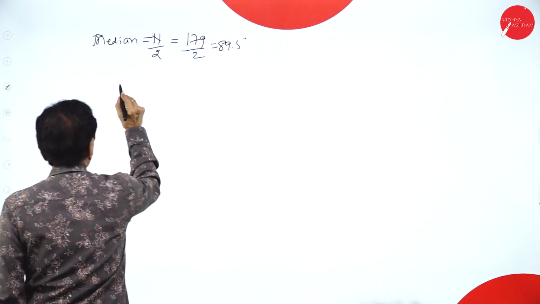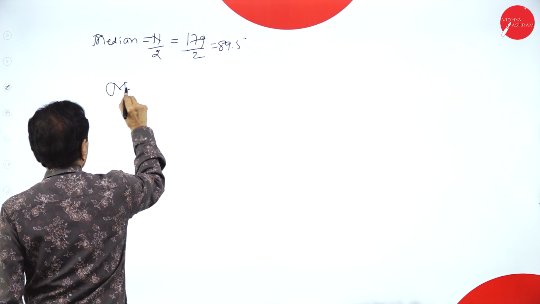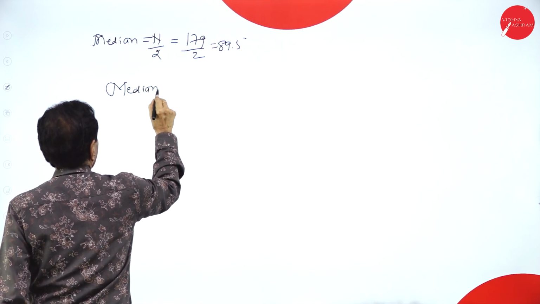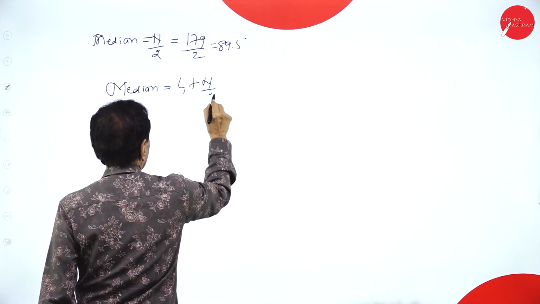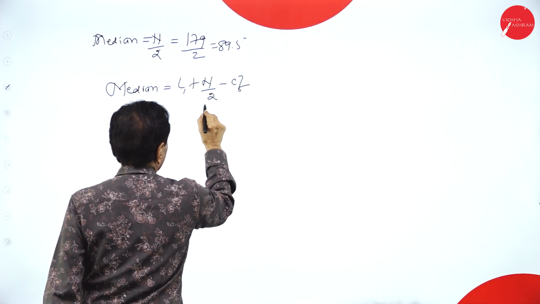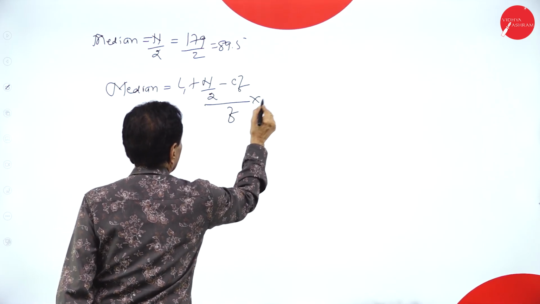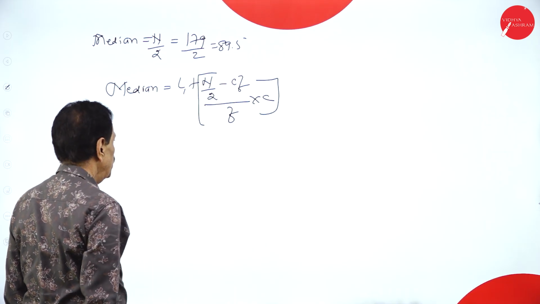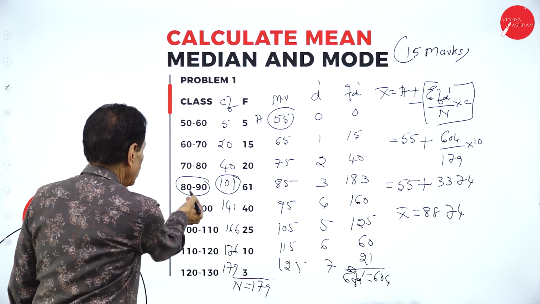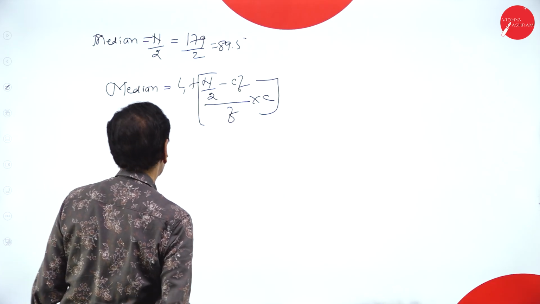Median is equal to L1 plus n by 2 minus CF over F into C. Which class is selected here? 80.